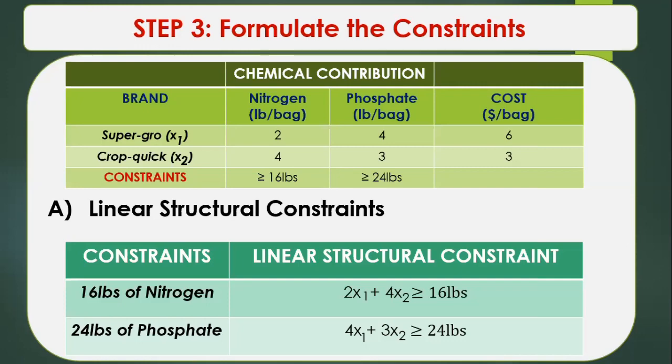Now, for our 24 pounds of phosphate, our second linear structural constraint would be 4 times X sub 1 plus 3 times X sub 2 greater than or equal to 24 pounds.